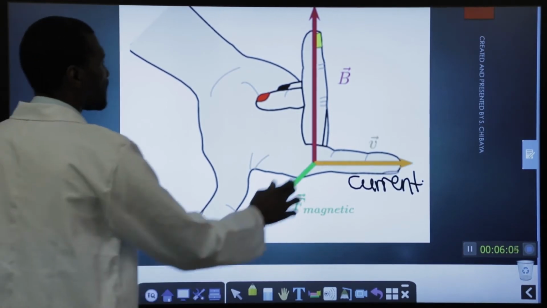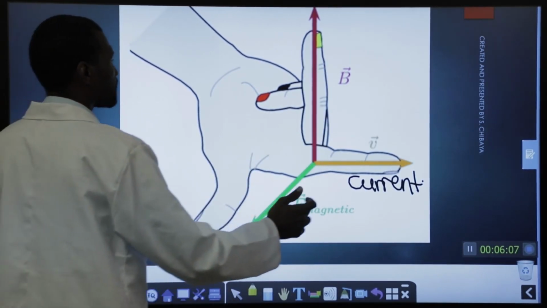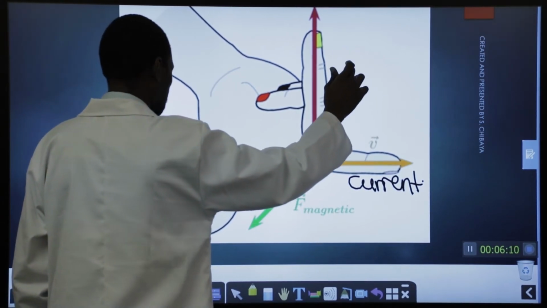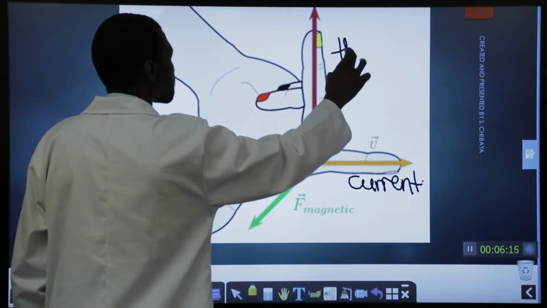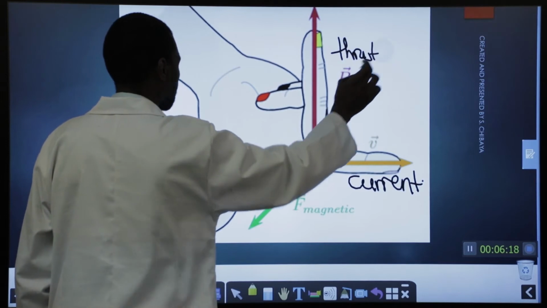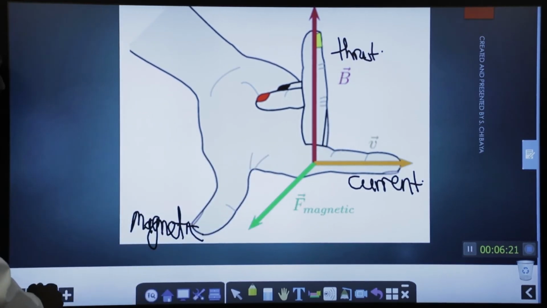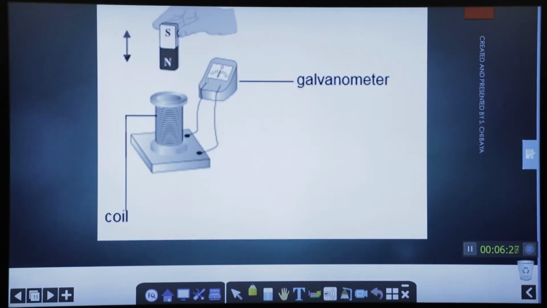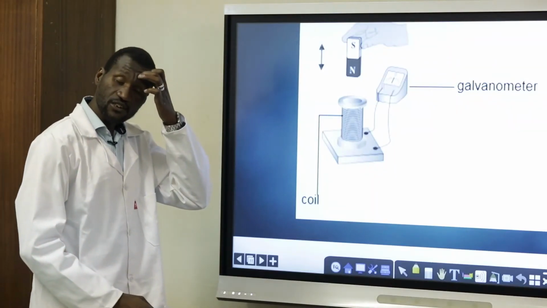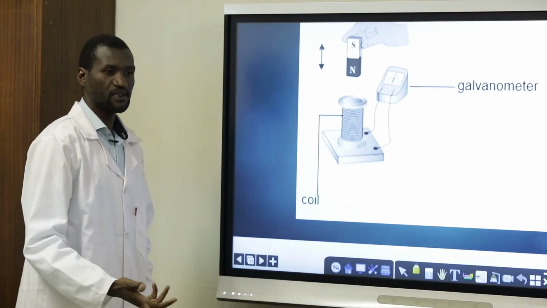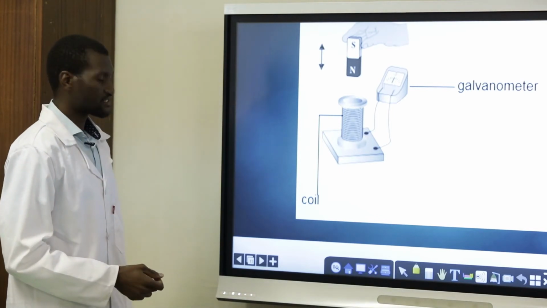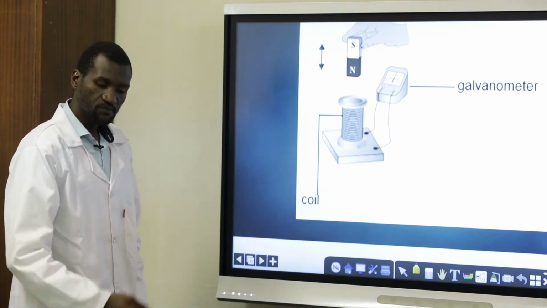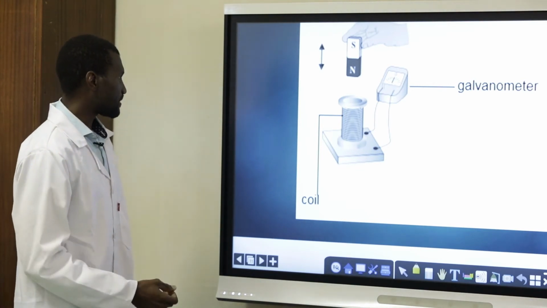All right, and the B there is showing the direction of the thrust. Okay, so consider that diagram and think about it because we're going to use it in determining the direction of currents, the direction of magnetic field, and the direction of the thrust of a motor or a generator.